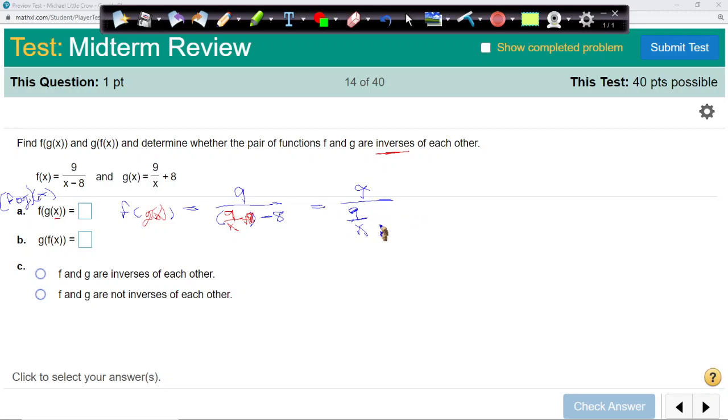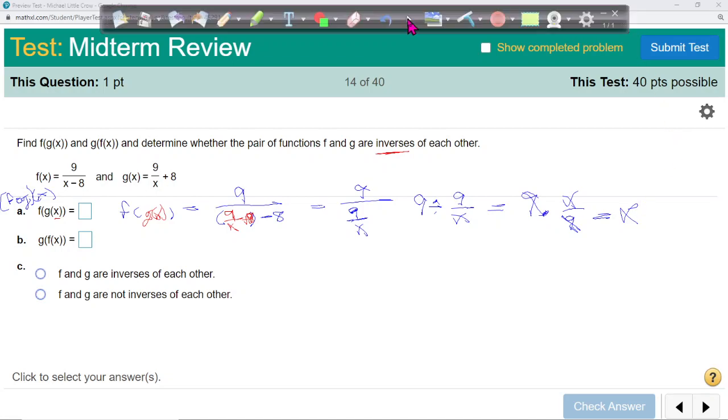So this is 9 divided by 9 over x. How do we do that? We flip the second and multiply. So this is 9 times x over 9. The 9s cancel. 9 divided by 9 is 1. This is just equal to x.